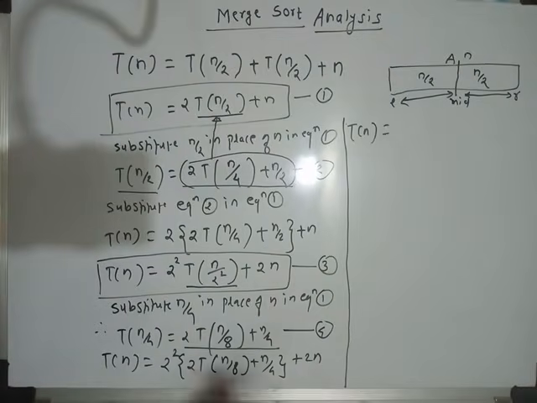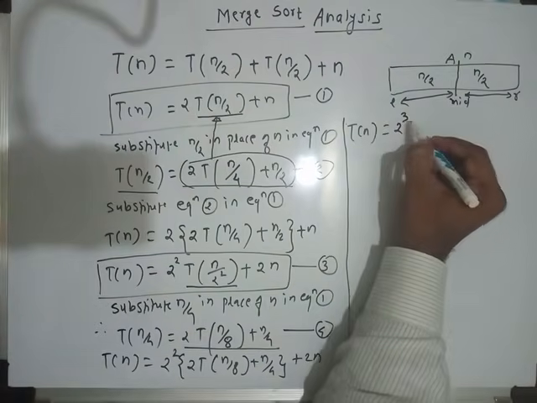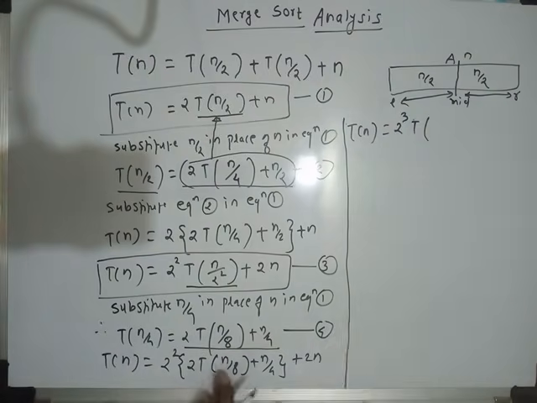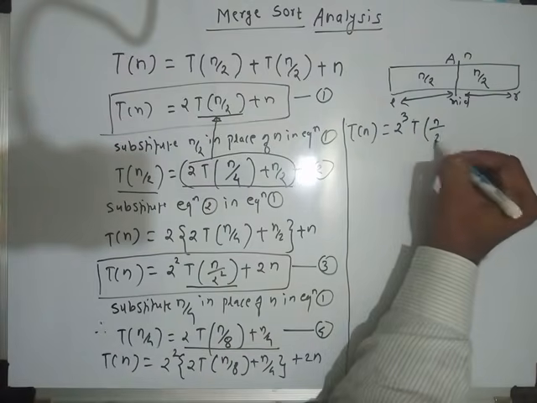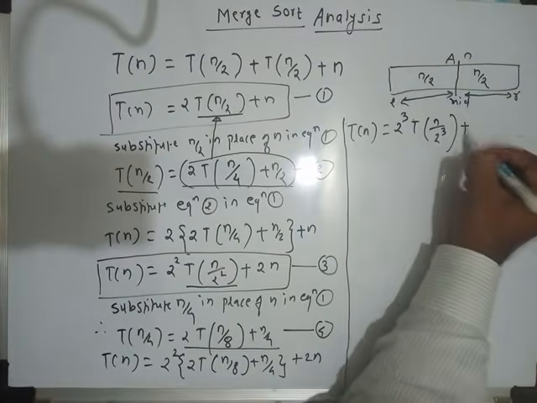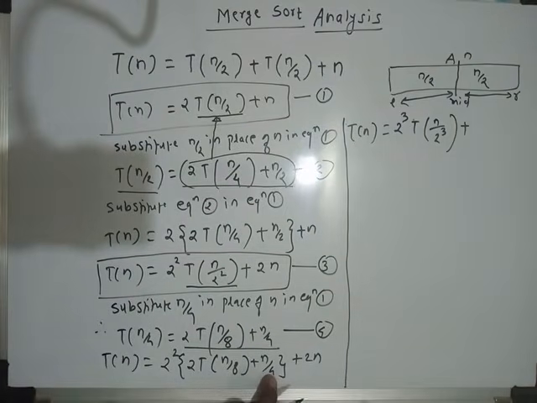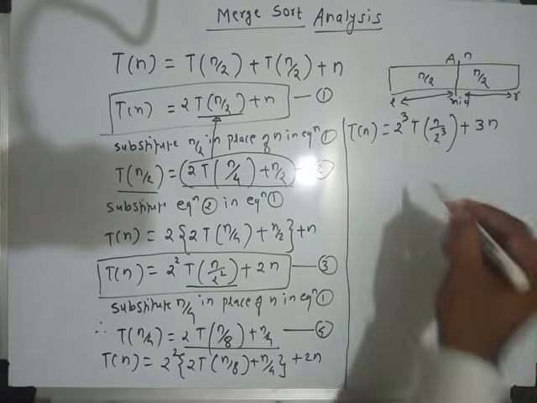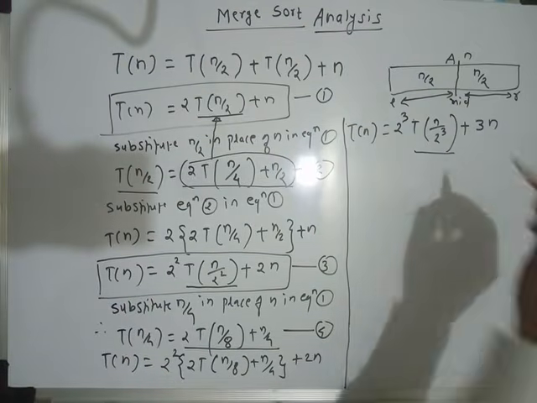So 2 square into 2 is 2 cube. Inside then I'll have t of n upon 2 cube. So plus 4 and this 4 will get cancelled, and this n will be added to this 2n, so I'll have 3n. Right. So now still I have this t of n by 8 term.